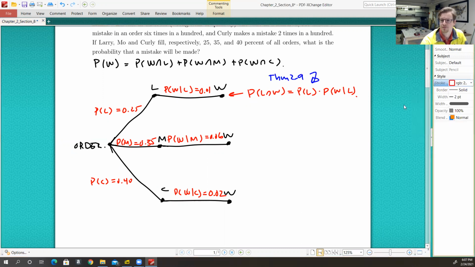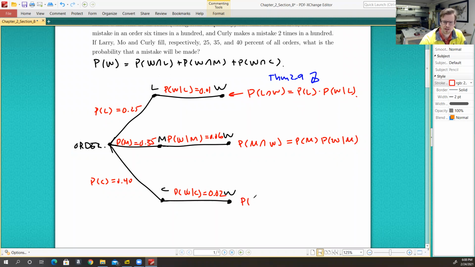in each of these. So the probability that Mo filled the order and we have a mistake is the probability that Mo filled it times the probability that there's a mistake given that Mo filled it.